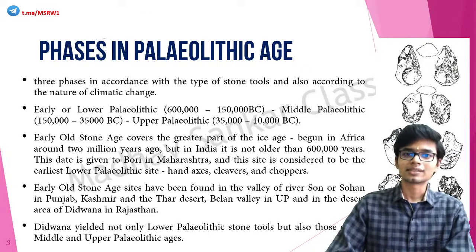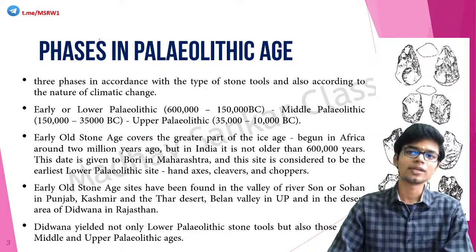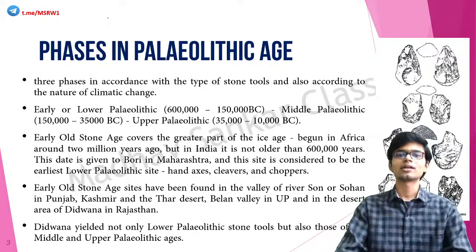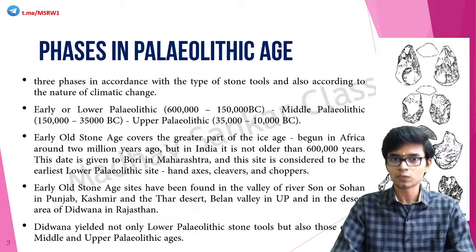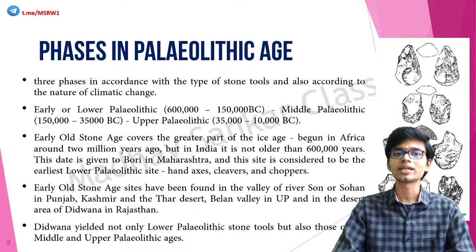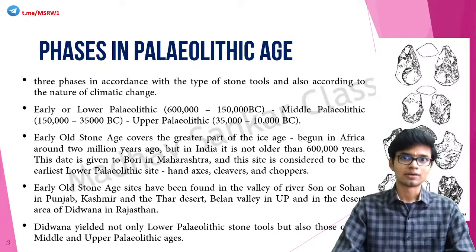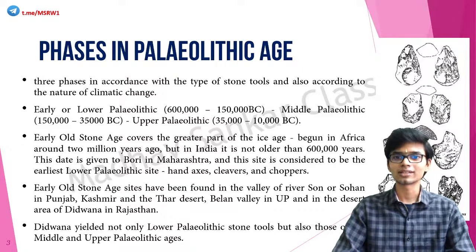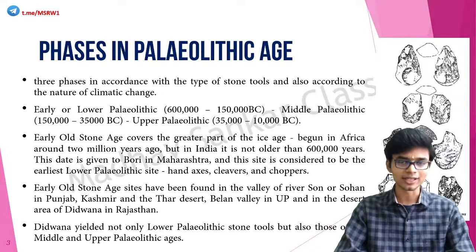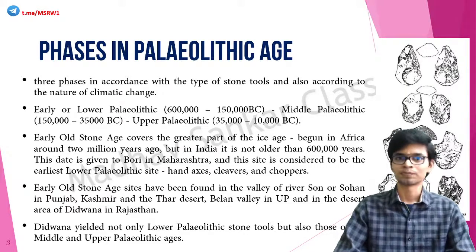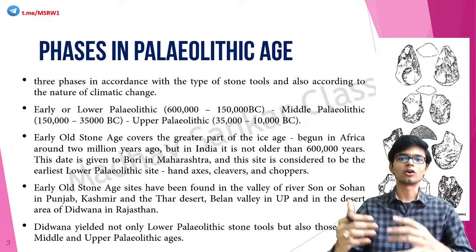So let's start with the Stone Age. Before we begin, you have to understand that as far as UPSC is concerned, we are looking into Indian history, the history of ancient India. That does not mean that everything that happened, like the Stone Age or the Mesolithic Age or the Neolithic Age, is confined to India. No. Our focus is on the Indian counterpart of all these periods.